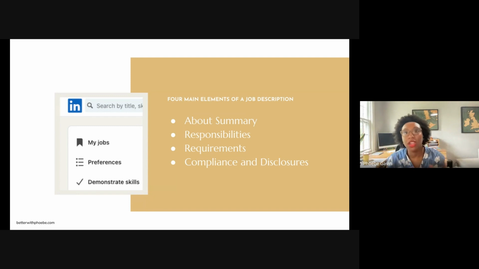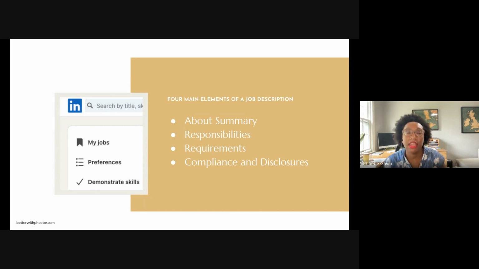At the top, you're going to have some sort of about the company, about the role, situation where they are giving you some background and some big picture information about the company, the role, and how the role fits into the company. There's going to be a responsibilities section that's going to talk about the different things that you have to do. There's going to be a requirements or qualifications section that we are all very familiar with and driven to anxiety by. And then at the bottom, usually there's some sort of compliance information or disclosures.